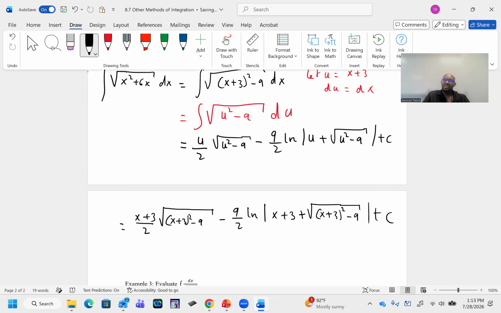You can leave it like this. You will not get it wrong. The simplified part is just that (x plus 3) squared minus 9 will give you x squared plus 6x. Okay?